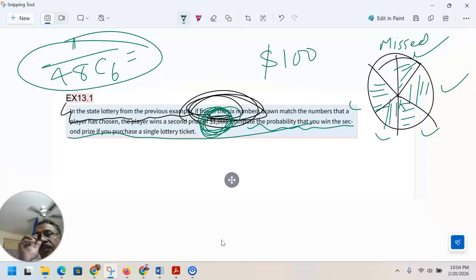Now be careful. The probability of winning it means the probability of getting your five.